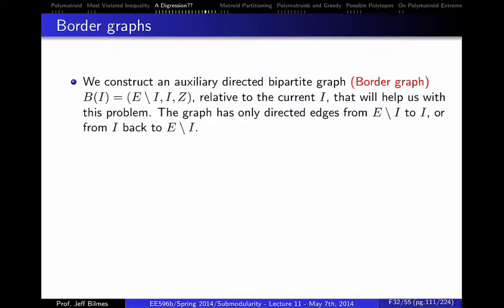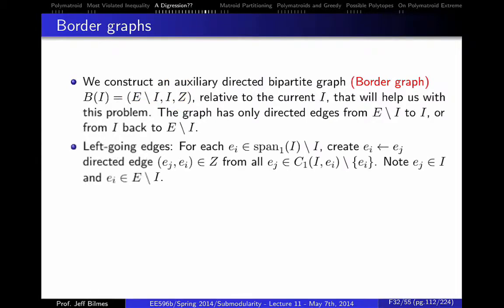So even though these are matroids, and they may not be graphic matroids, what one does is construct the border bipartite graph, where the left vertices are equal to the non-independent elements, the right vertices are equal to the independent elements, and Z is a set of edges which we have to define. So we have left-going edges and right-going edges.